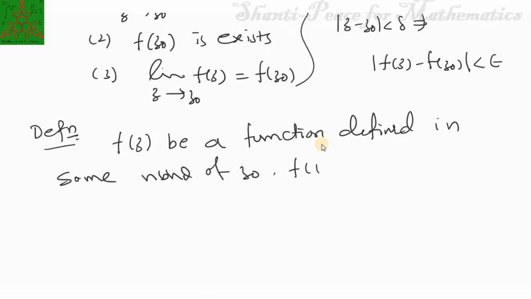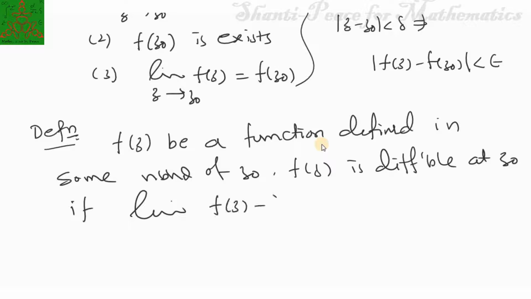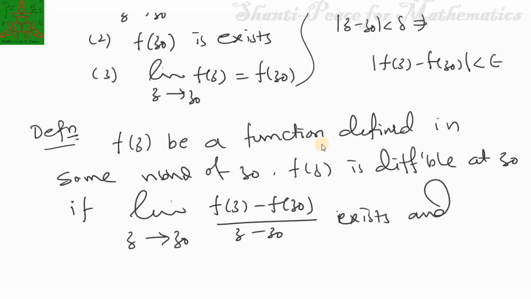We say that f of z is differentiable at point z0 if the limit of f of z minus f of z0 upon z minus z0 as z tends to z0 exists and is finite. If this limit exists, then it is denoted as f dash of z0, and we say that f dash of z0 is the derivative of the function f of z at point z0.